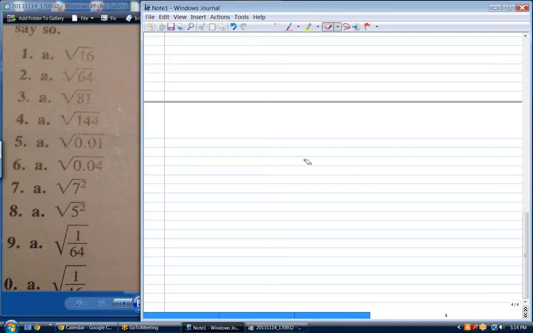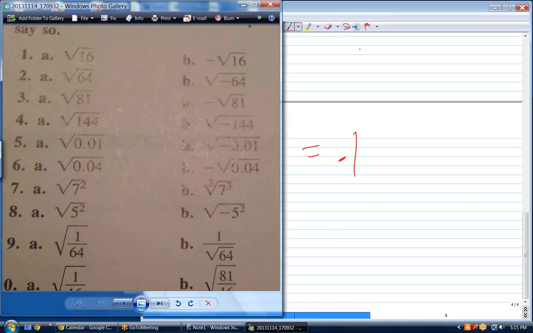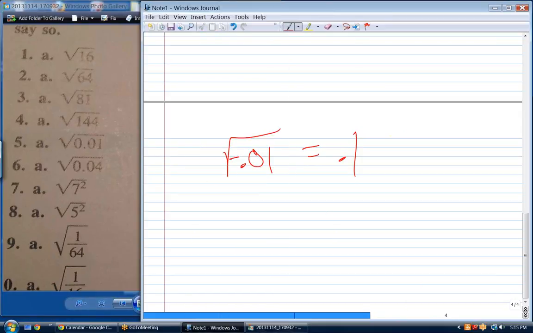What's the square root of 0.01? 0.1. Yes. So what is the square root of negative 0.01? Negative 0.1.